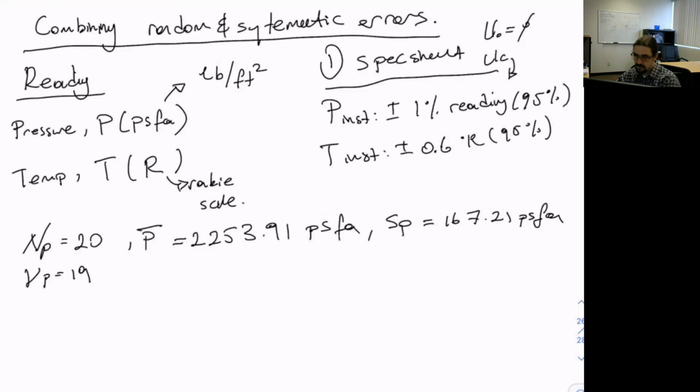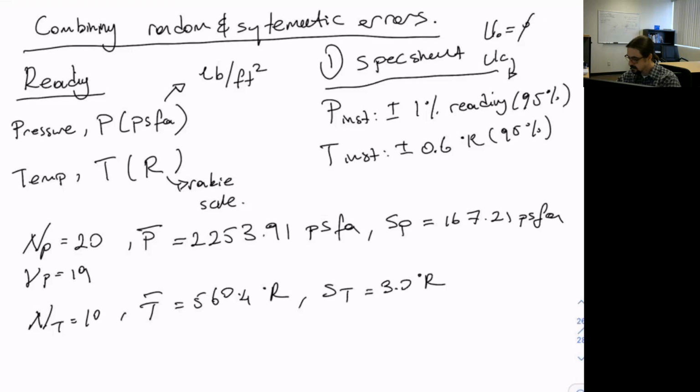I have done the same thing for temperature, but this time I've taken 10 samples. My average was 560.4 Rankine, and my standard deviation of temperature was 3.0 Rankine. The degrees of freedom for temperature is n minus 1, which is 9.